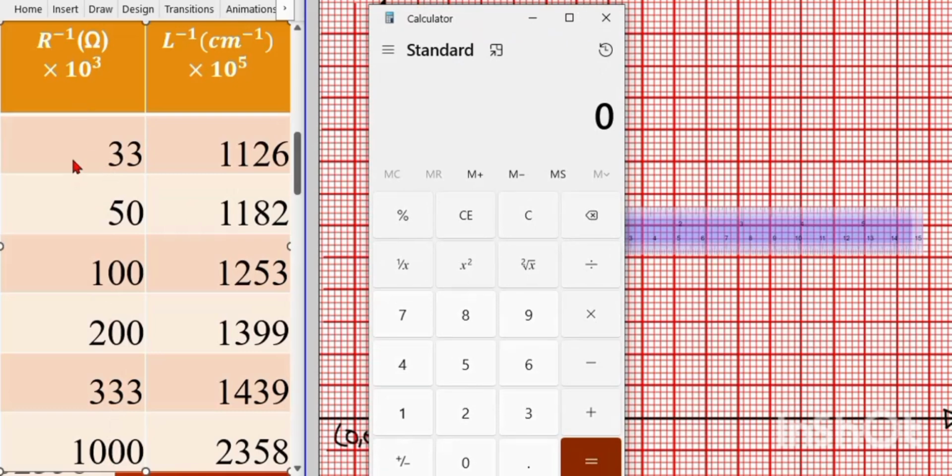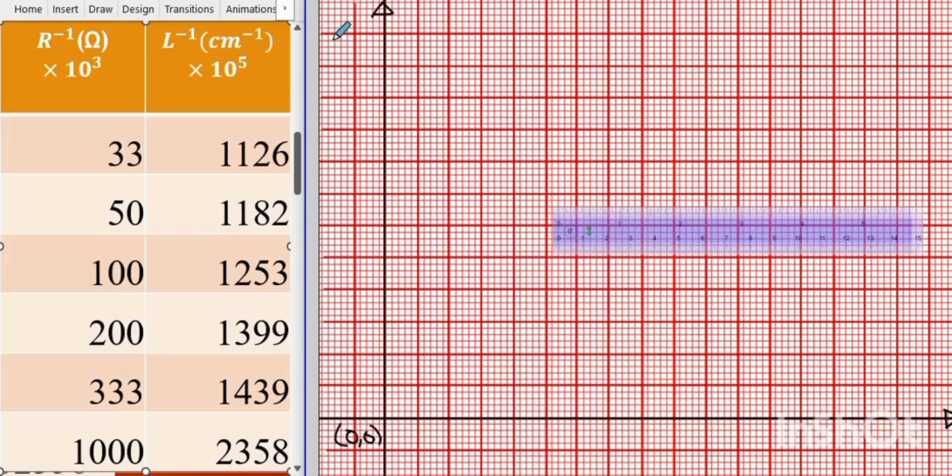Okay, before that, remember to put the quantity you are plotting, R inverse, together with the units. The unit is per ohm. And here we have L inverse in centimeter to the power of minus 1.